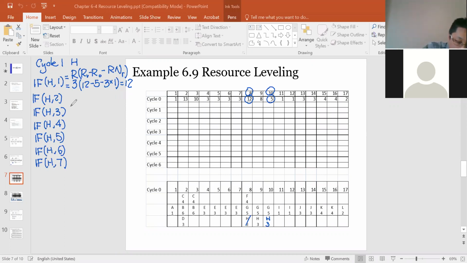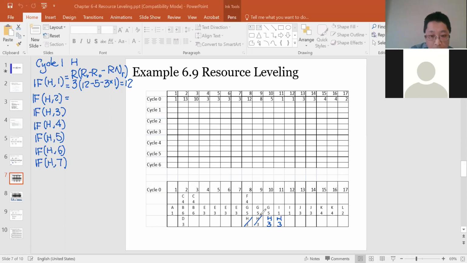Let me give you another example for the second one. If I shift this activity by 2 days, how are we going to shift it? This H, from 8 and 9, shifted 2 days, goes to here instead of here.